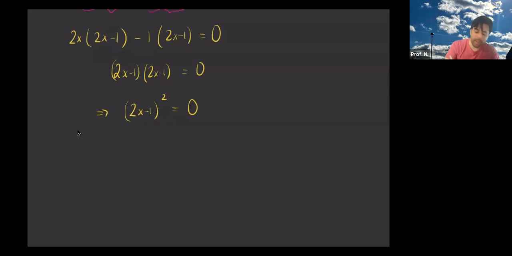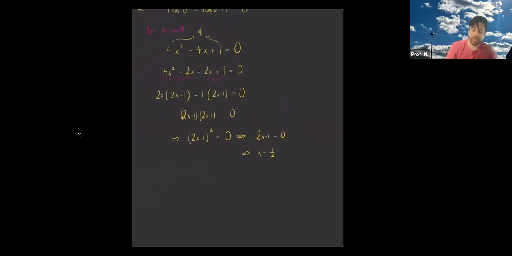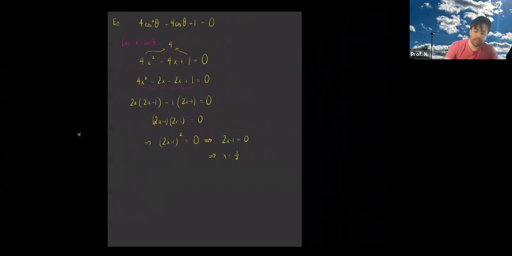Now the only way this equation is true is if the inside of the parentheses, 2x minus 1, gives me 0, which means that x must be 1/2. So the only solution is x equals 1/2.